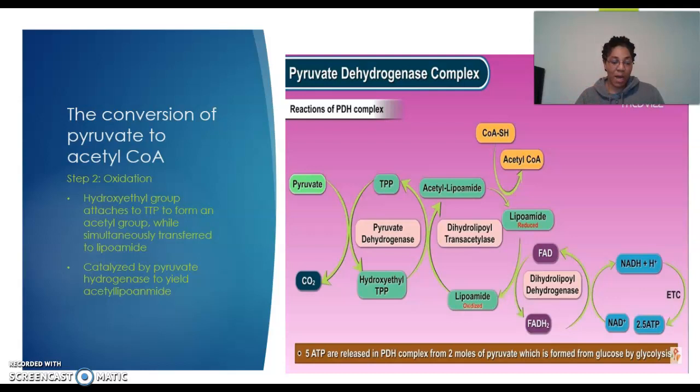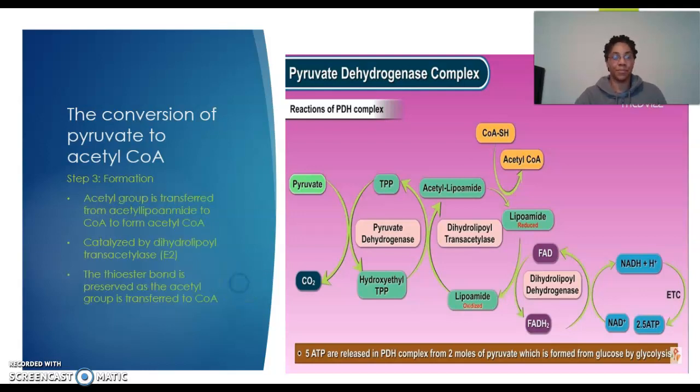This is catalyzed by E1, the pyruvate hydrogenase, which yields acetyl lipoamide. We're still in this portion because it's still being catalyzed by the pyruvate hydrogenase, which yields the acetyl lipoamide.